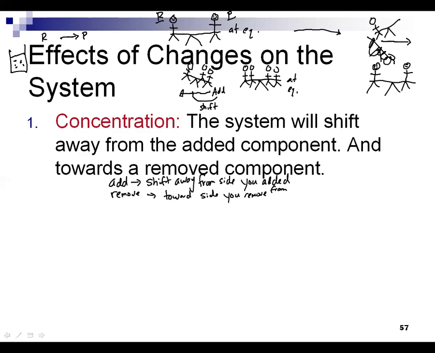So a very common way that we can remove something is, if you remember, there are really two things that are not included in the equilibrium. And those are solids and liquids. So one way that you can remove something is to make a precipitate. When you make a precipitate, that is essentially removing something from a solution.